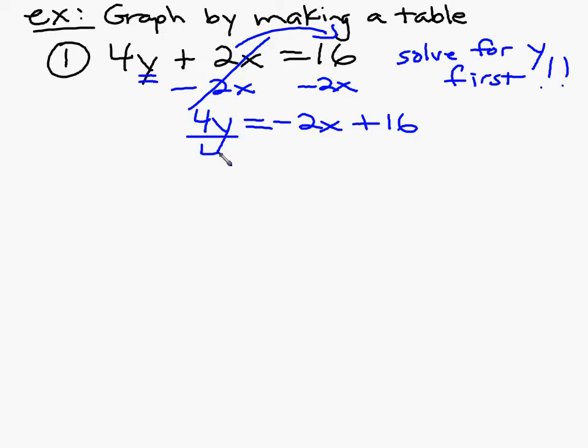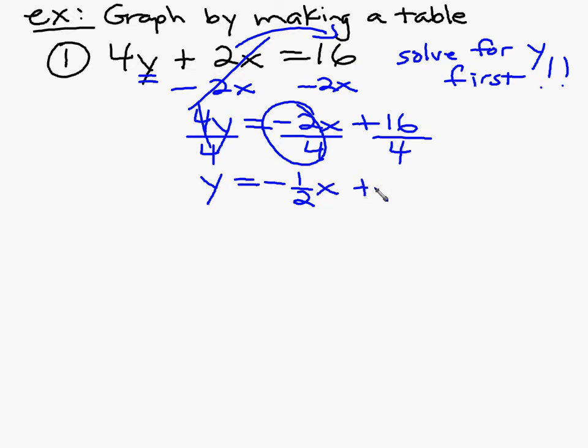So this side I divide by 4. The other side, watch carefully, I need to divide both of these terms by 4, like that. So now the 4's cancel, and I have y equals, this negative 2/4 becomes negative 1/2 x plus 16 over 4 is 4.